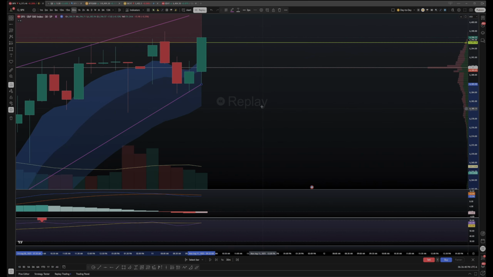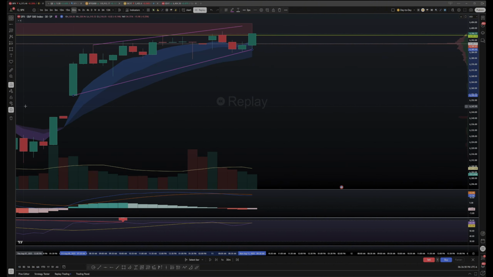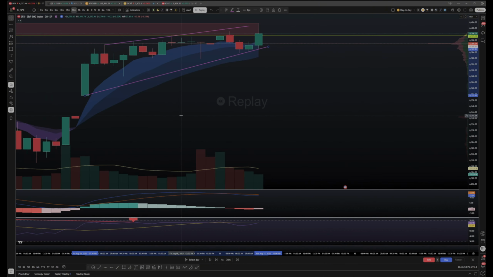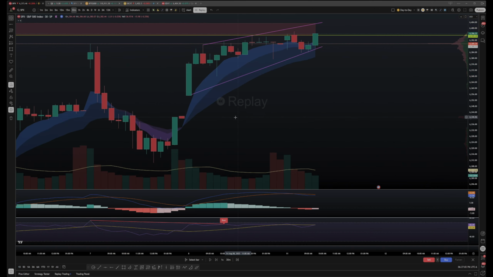That doesn't count. And so you see, price then came up back into supply, back into supply. We still have our rising wedge happening here. Okay, we still have this built up. Now we're back into this supply zone.